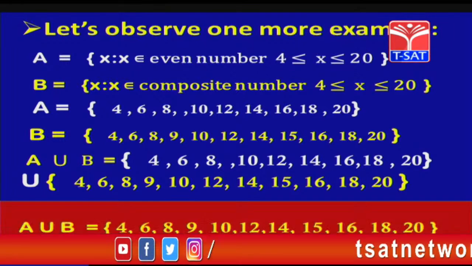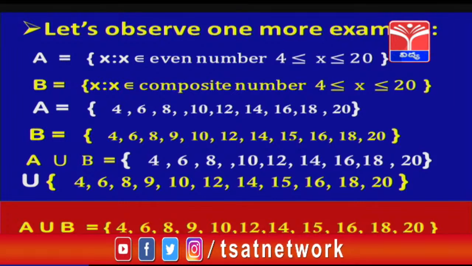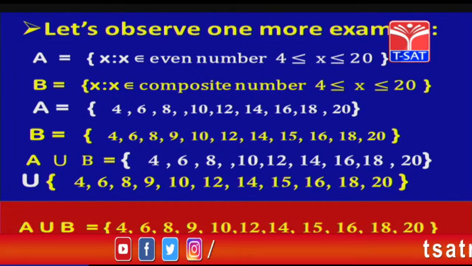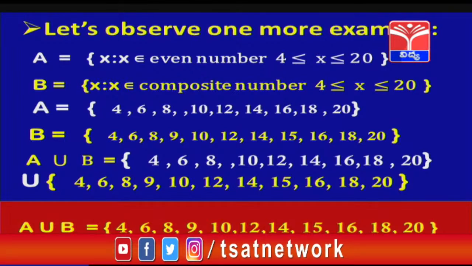If you combine the elements, the repeated elements are not supposed to be written a second time; they can be taken one time only. A union B is the set {4, 6, 8, 9, 10, 12, 14, 15, 16, 18, 20}.